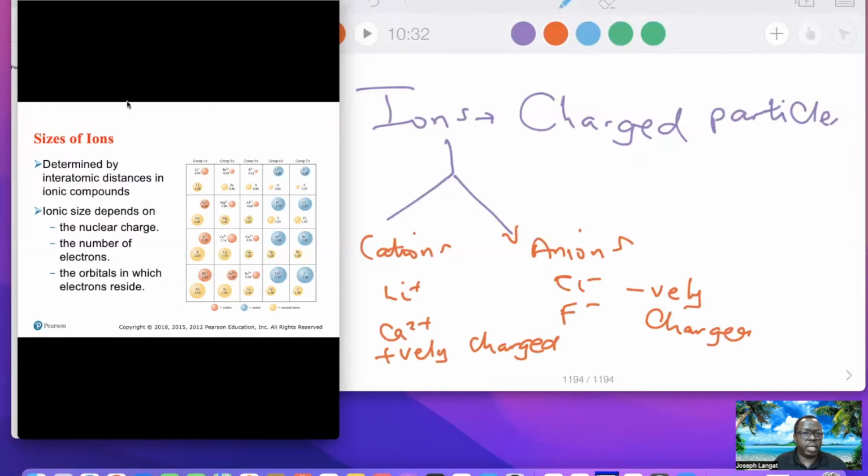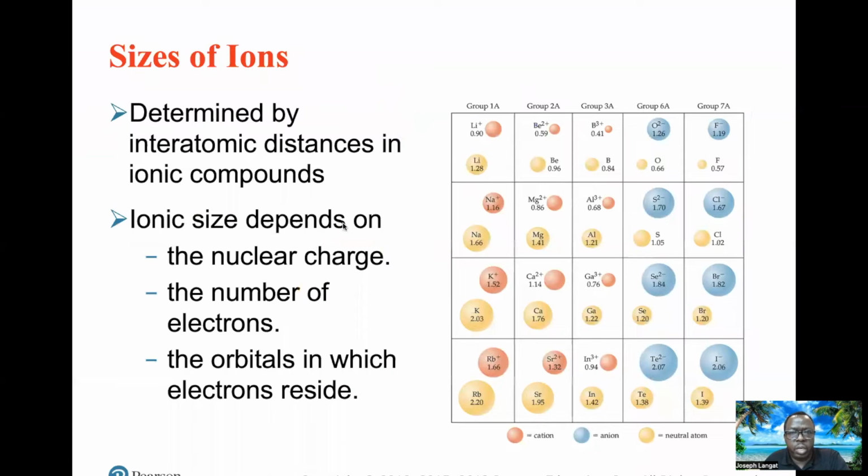So let's look at the sizes. How does the trend change in ions for group 1? If you look at the size of the ion in comparison to the parent atom, they are always smaller. That is one thing you need to know as far as cations are concerned. Cations are generally smaller in size compared to their parent atom. This is the parent atom for sodium cation, for potassium cation, and so forth.